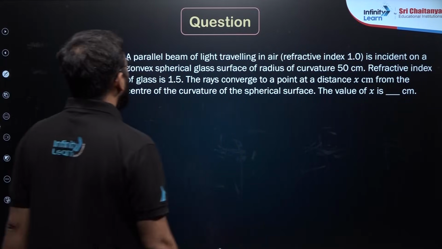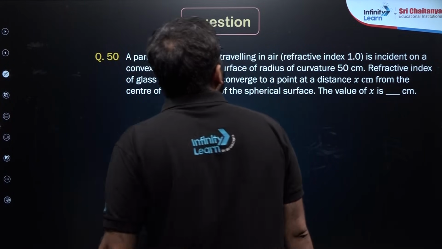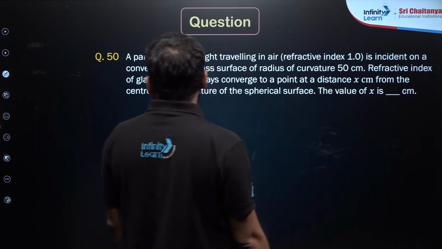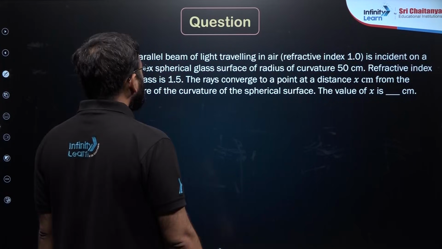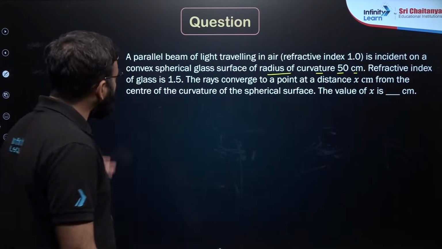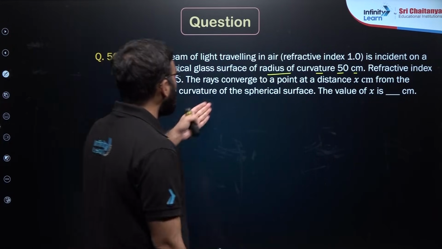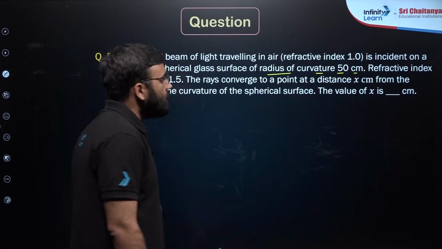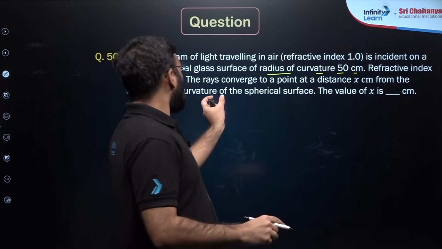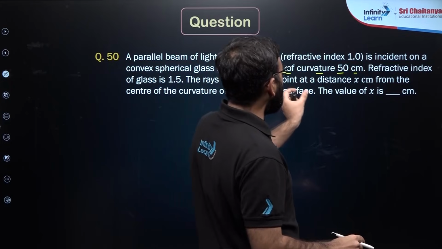Next, a parallel beam of light traveling in air, refractive index 1.0, is incident on a convex spherical glass surface of radius of curvature 50 centimeter. The refractive index of the glass is 1.5. The ray converges to a point at a distance x from the center of curvature of the spherical surface. So what is the value of x?